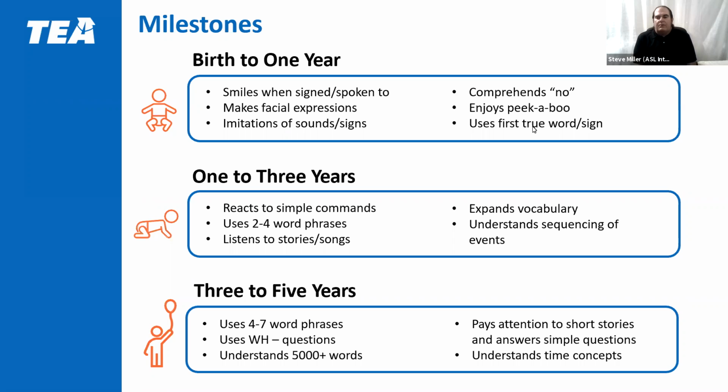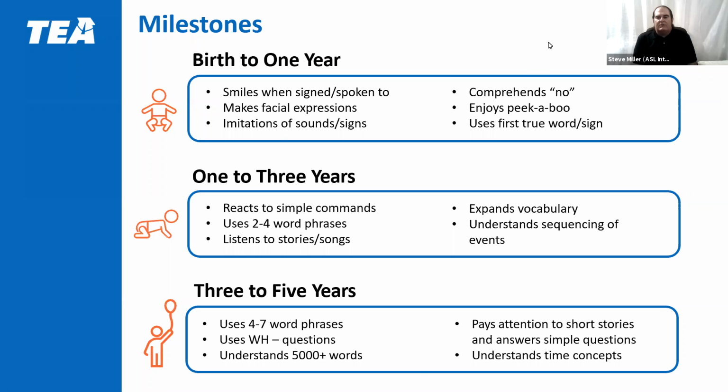From ages 1 to 3, they're able to respond to simple commands, and they can use 2 to 4 word phrases. They can listen to stories, they're able to expand their vocabulary, and they start understanding the sequencing of events. From ages 3 to 5, they can use 4 to 7 word phrases, and they can use WH questions like who, what, when, where.